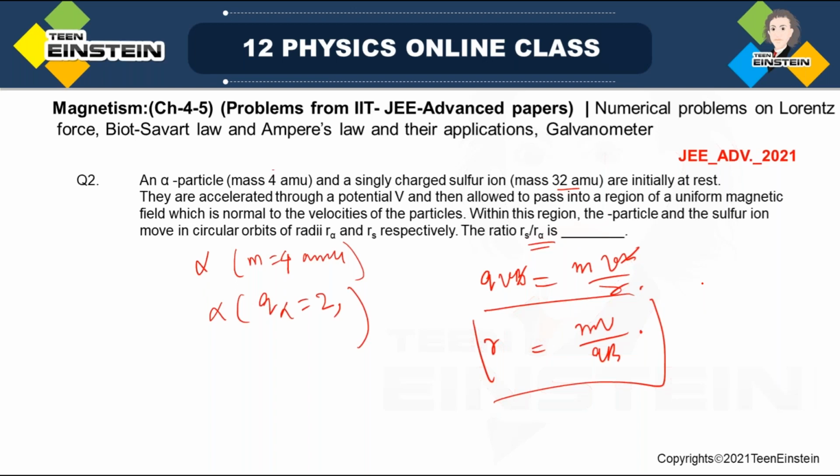And now we know kinetic energy is equal to half mv square, and if we equate this half mv square to qV, that is the energy, from here we get v square is equal to 2qV by m.